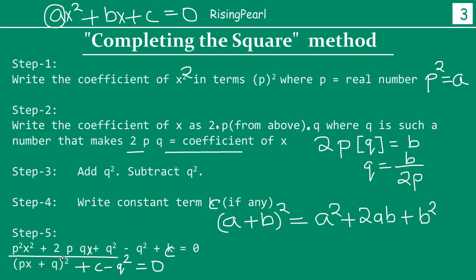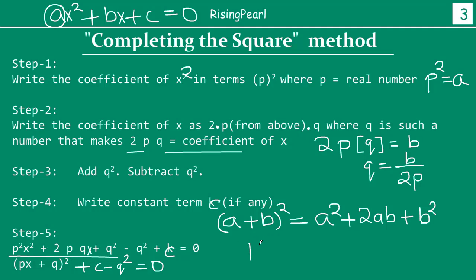This is the main objective of the transformation of the quadratic equation: we can put all the x terms inside a whole square, which is what is called the completing the square method.